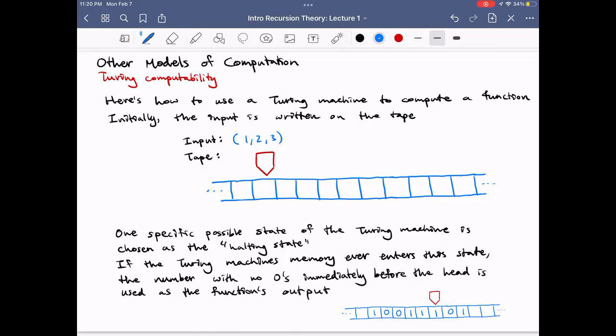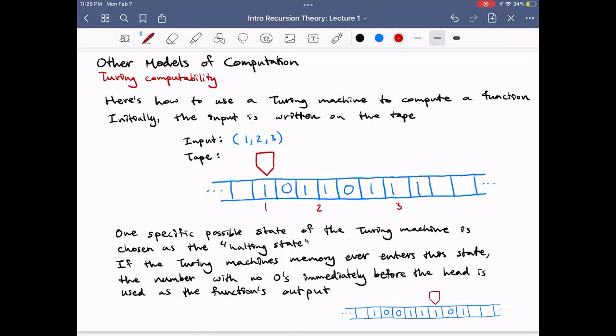Starting with the square that the head is pointing to initially, we'll write a 1, and then a 0 to indicate the end of the first input, and then 2 1s to indicate the next input is a 2, and then a 0 to indicate that's ended, and then 3 1s to indicate the next input is a 3, and then we'll leave the rest blank. So this 1 corresponds to a 1, these 2 1s correspond to a 2, and these 3 1s correspond to a 3. And the blanks before and after mean that that's the entire input.